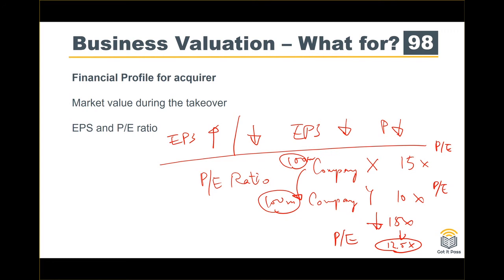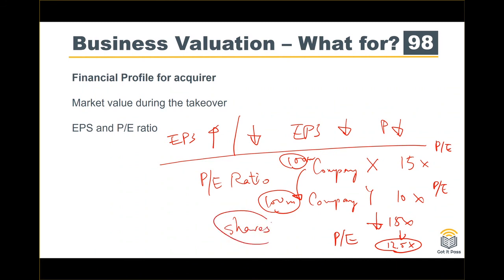Once a company's PE ratio is higher than other acquisition targets, company X would like to acquire the other companies, because, for example, it can pay cash or it can use the shares.